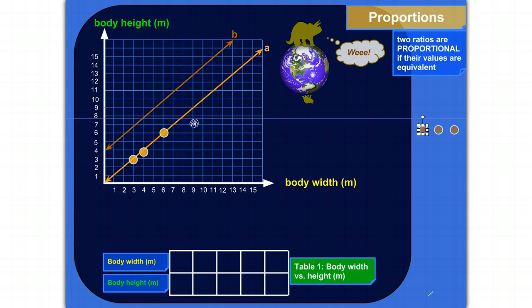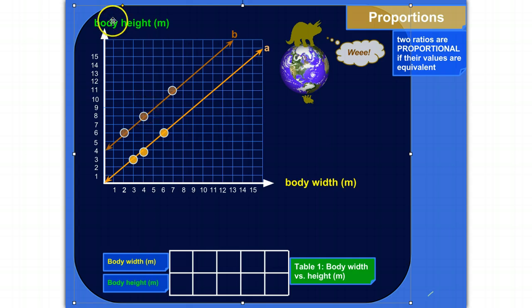Alright, let's pick out a couple points on line B that shows a different species of Mathceratops, I suppose, and see if the ratio of their widths to their heights are all proportional. So I'll just pull out, let's just mix it up, 3 points, and then let's record what those measurements are. On the x-axis we've got the body width.